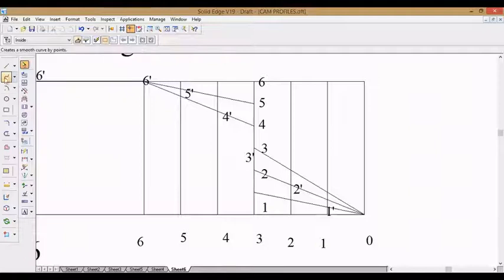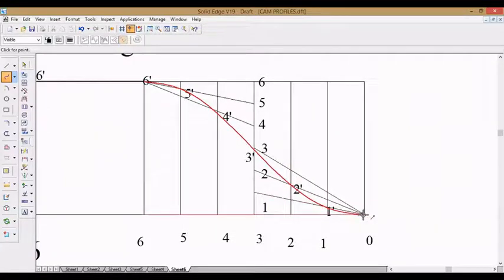Right. So let us join the arc: 5 and 5, 4, 3, the intersection of 2, the intersection of 1 and 1, and back to 0.